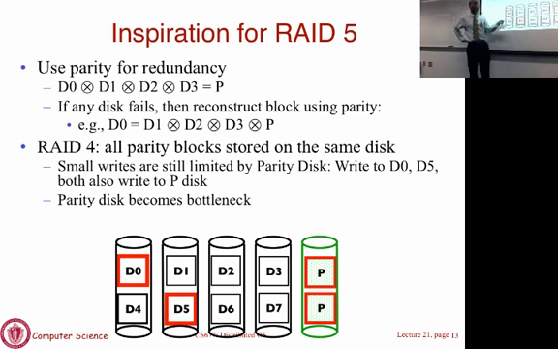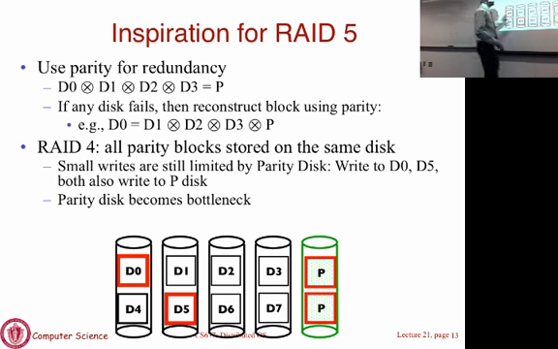These red boxes are showing that if you write D0, you eventually have to write the parity block. If you write D5, you also write to that parity block. So the write load on the parity disk is the sum of the write load on all these individual disks. That disk is getting the union of all the writes on the other disks, so it's going to quickly become a bottleneck.